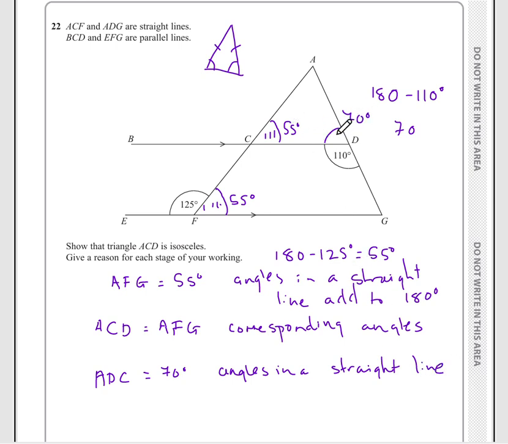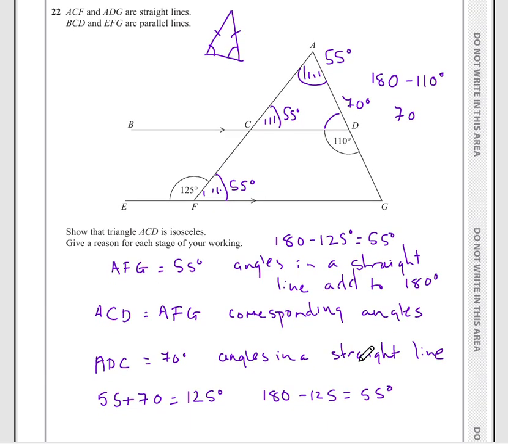Okay, so I know this is 70, this is 55. I could do with working out this angle at the top here. So 55 plus 70 is equal to 125 degrees. And because it's a triangle, I know that they add up to 180. This angle here is going to be 55 degrees.